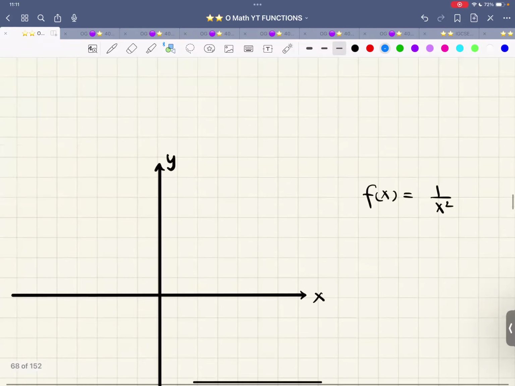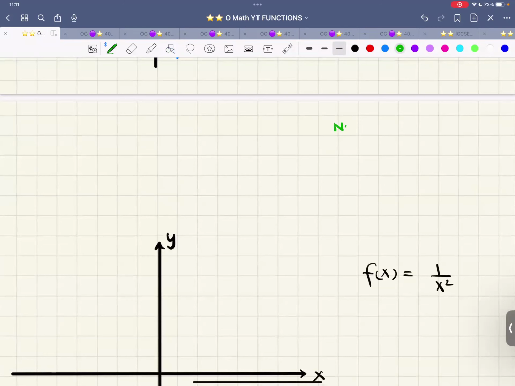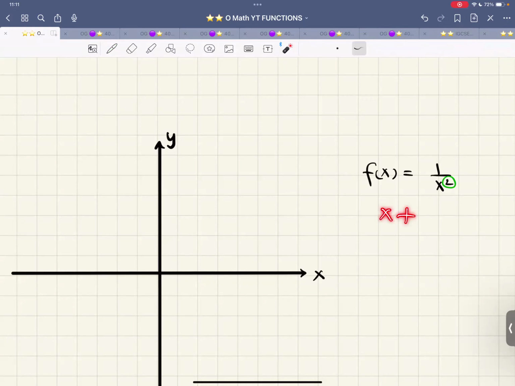f(x) is 1 over x squared. Let me write at the top over here. This is not in the 4024 syllabus, but I'm just giving you the idea so that you are well aware of the difference, because sometimes an inverse proportionality with a square comes. Now, when x is positive, x squared is positive, therefore y is positive.